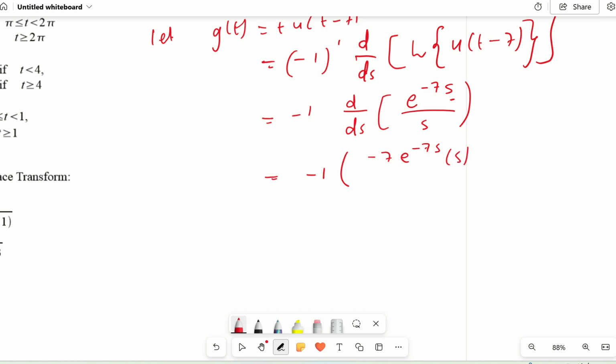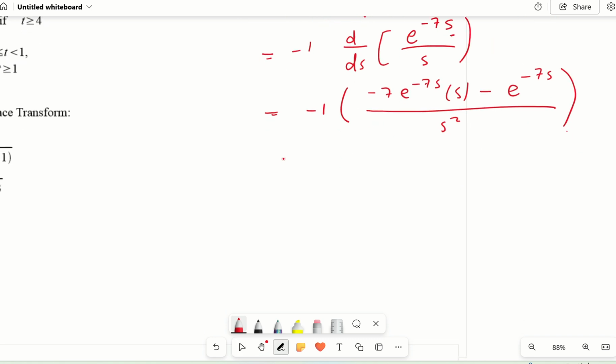You multiply that with s, minus, you leave what's on the bottom as it is. You differentiate what's on the top, which is e to the negative 7 s. When you differentiate s, it's just 1. Then you square what's on the bottom. So that's basically the chain rule. So multiply by negative 1, everything is going to change the sign. So here is the final answer.